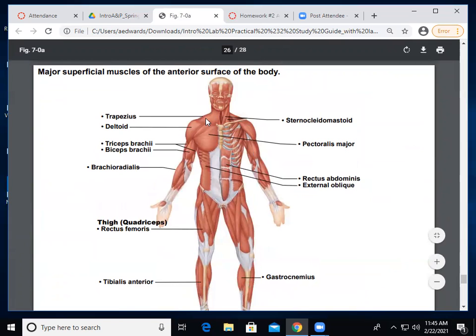You can see a bit of it there. If you're doing all the shoulder shrugs, you might get bigger trapezius muscles, right? And the shoulder, we call it the deltoid. Chest area, thoracic area, this is the pectoralis major.